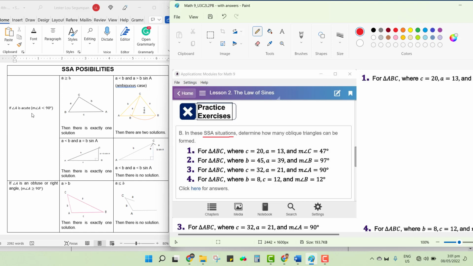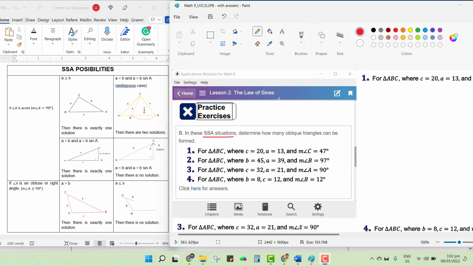If our angle is less than 90, or it is an acute angle, we have four possible situations. If our given angle is obtuse or right, there can only be two possible situations here. So I might explain this to you in this form. I'm also going to share another digital tool that can help you understand this better.